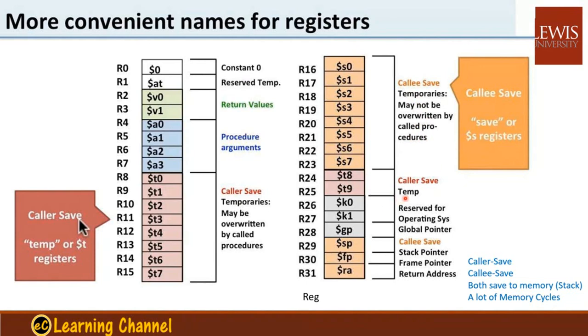And we have callee-save registers, temporaries, registers reserved for the operating system, the global pointer, the stack pointer, and the frame pointer. So we have different distribution and division of the general purpose bookkeeping information like return value and procedure arguments, and these are in the lower half of the registers. Then you have the caller's registers and callee's registers for different parts of the register file.